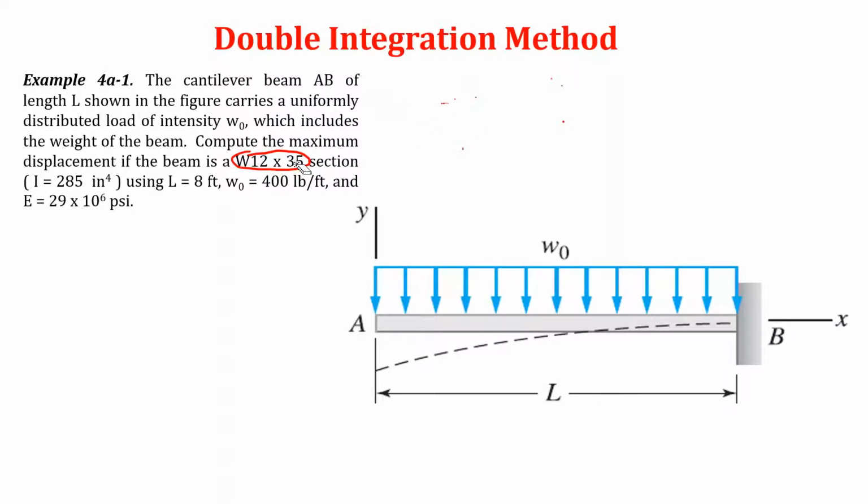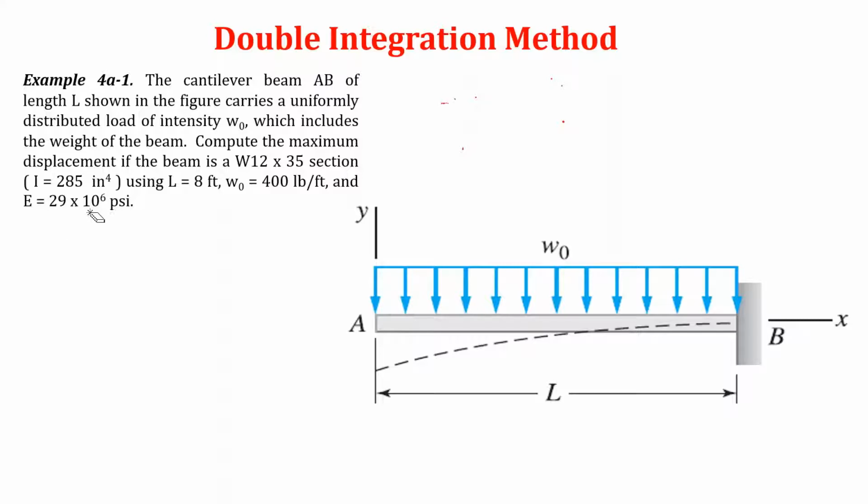W12 by 35 is a steel section with inertia equal to 285 inches to the fourth. Using a length of the beam equal to 8 feet, an intensity of the load w0 equal to 400 pounds per foot, and the modulus of elasticity of the material.